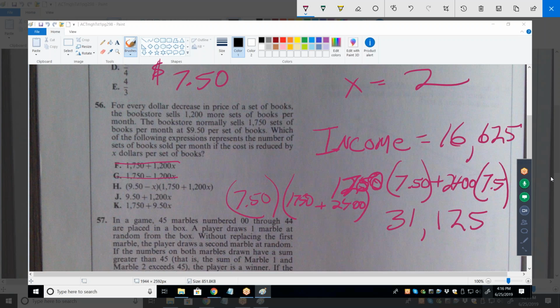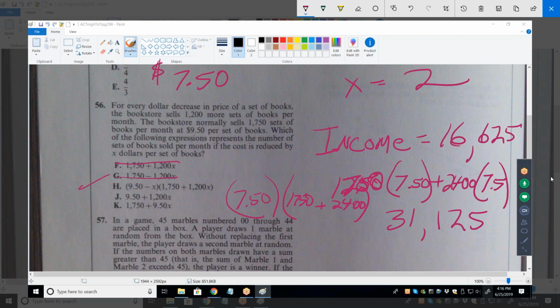No, maybe that is it. What is that number? 4,150 times 750. That could be 31,125. That is it.